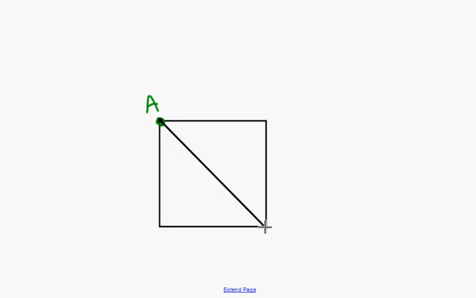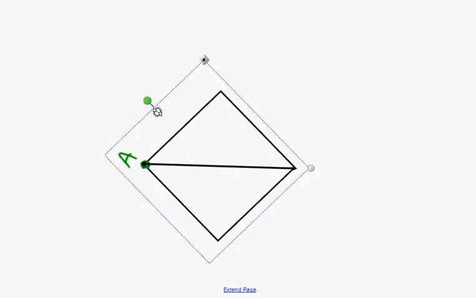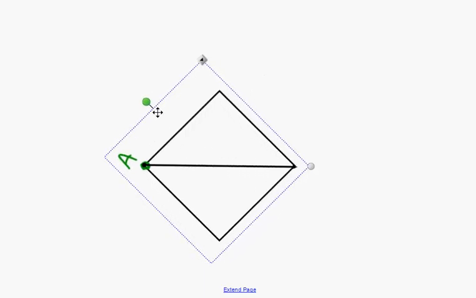It's only ever a square or a triangle; we never do this with rectangles. Then we rotate it until they're both horizontal.